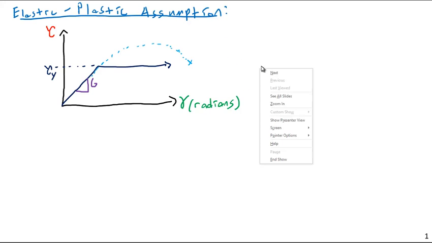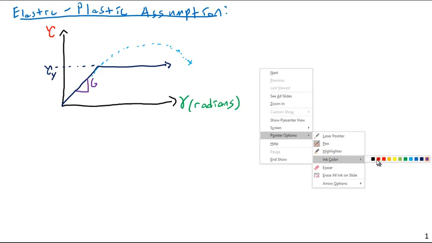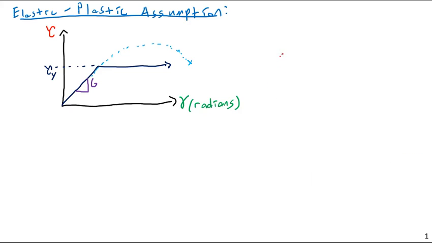Okay, so just as previously, there are two equations that are going to govern this. We've seen previously tau equals T rho over J. But we will also be governed by G equals tau yield over gamma y.